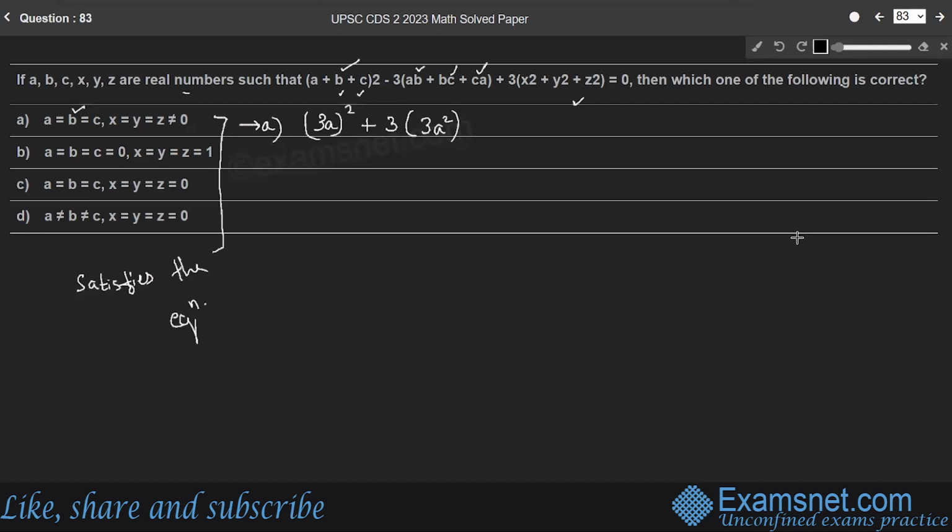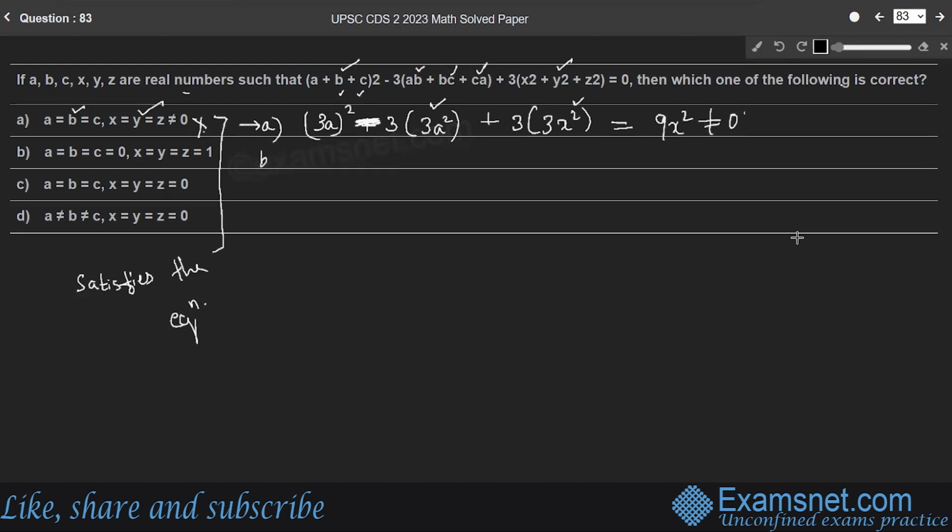So minus 3 into 3A square, plus, since X is equal to Y is equal to Z, 3X square. Which is 9A square minus 9A square, 0, plus 3 into 3X square, which is 9X square, not equal to 0. So option A doesn't satisfy the given equation.